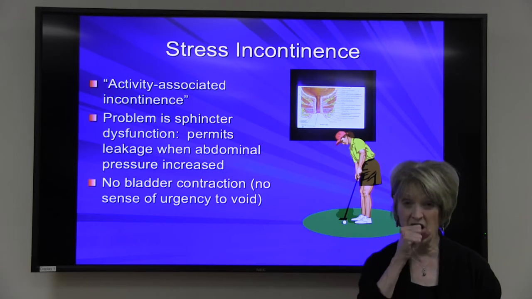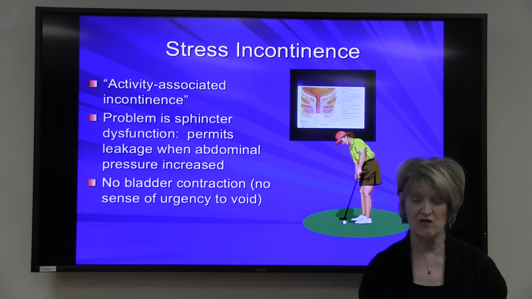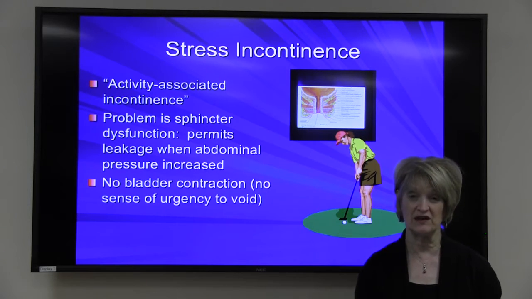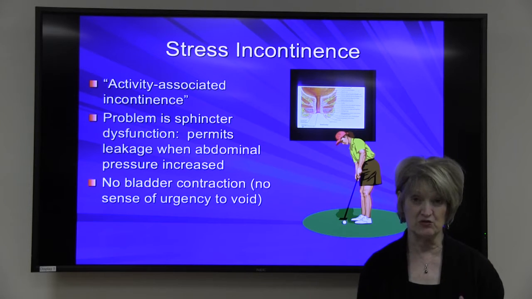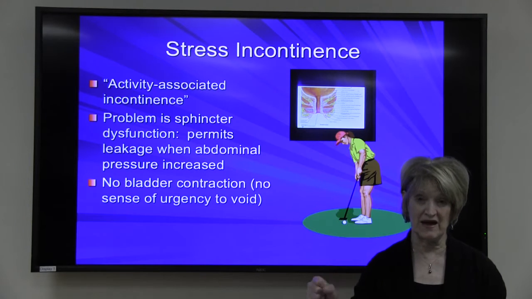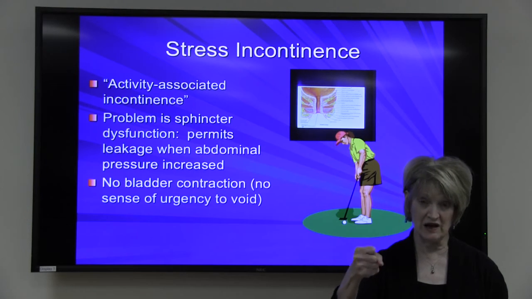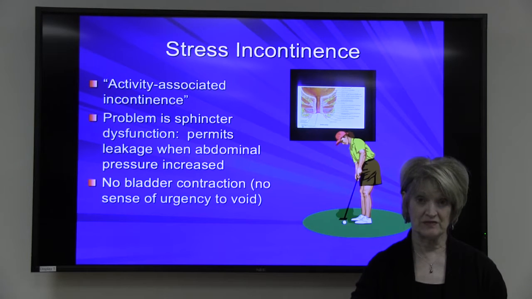So they leak when they cough, or they laugh, or they sneeze, or they lift, or they jump, or they jog. The basic problem is with the sphincter. The sphincter does not maintain a watertight faucet. It allows urine to pass through.